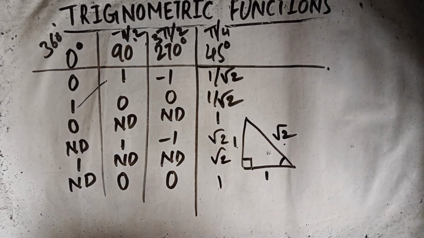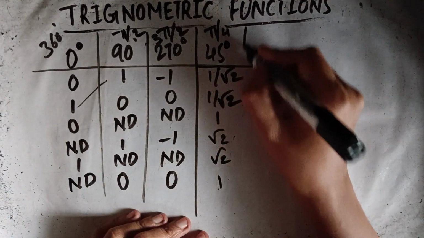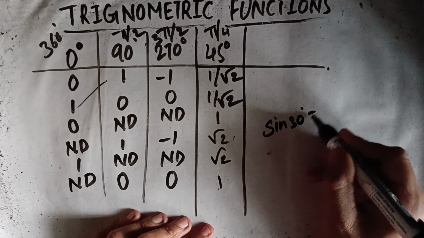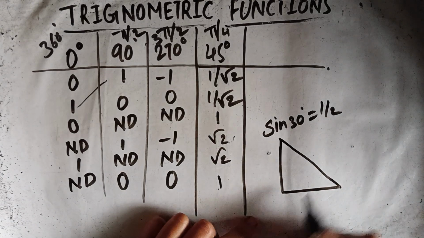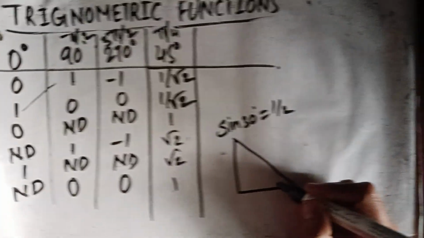For 30 and 60 you have to remember only one value, that is sine 30 is half. You can draw this triangle. I'll draw it here.